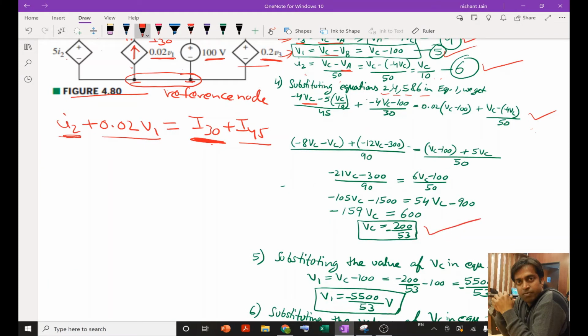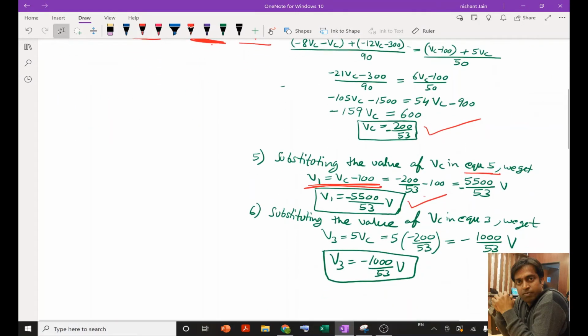Now, once I get the value of VC, equation 5 is a relation between V1 and VC: V1 equals VC minus 100. Substituting the value of VC, I get the value of V1 as minus 5500 upon 53.